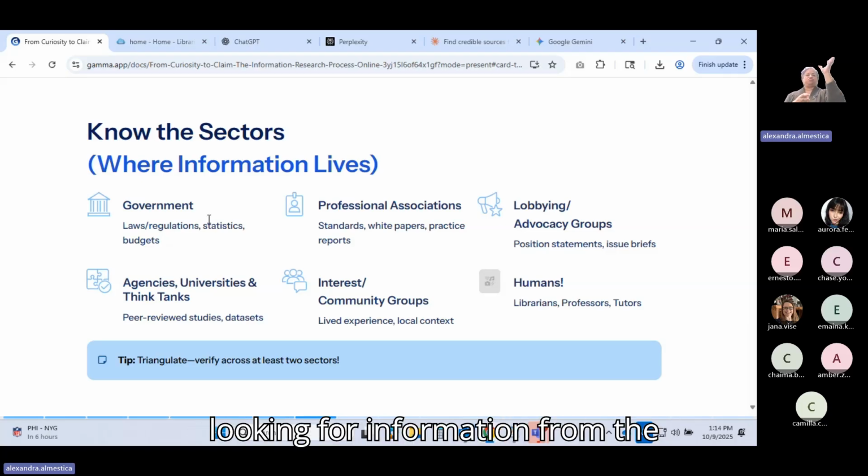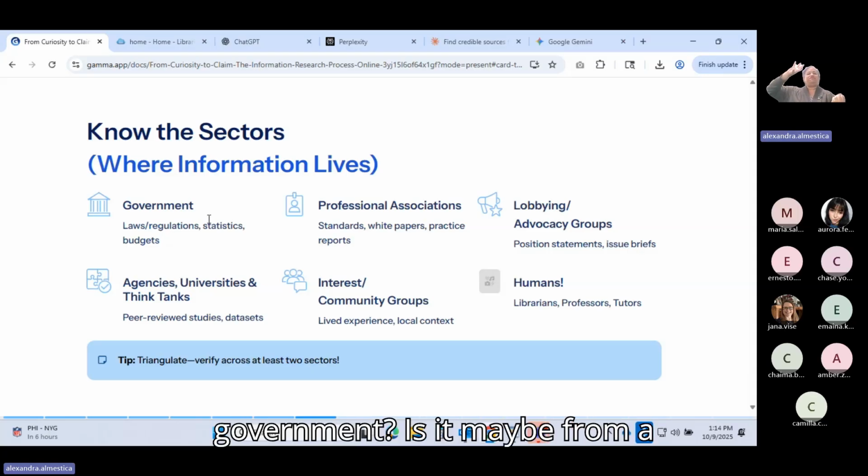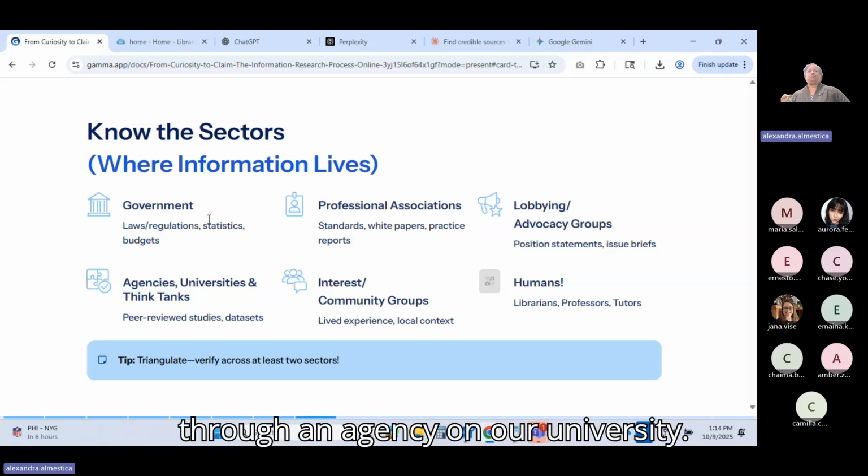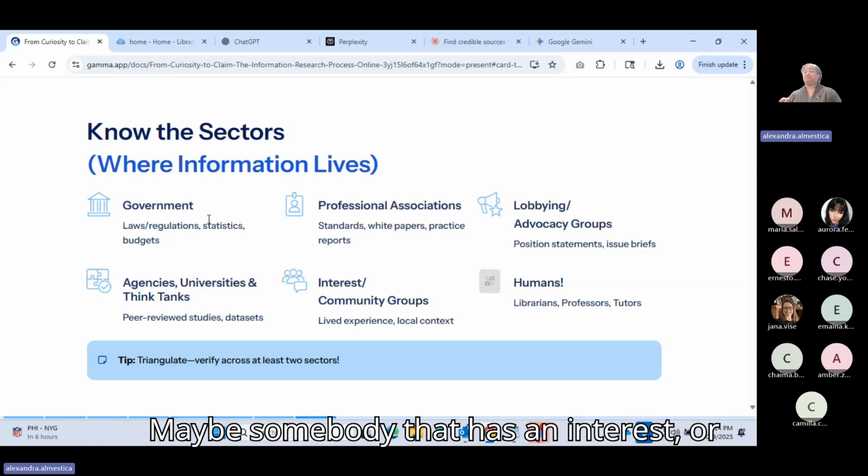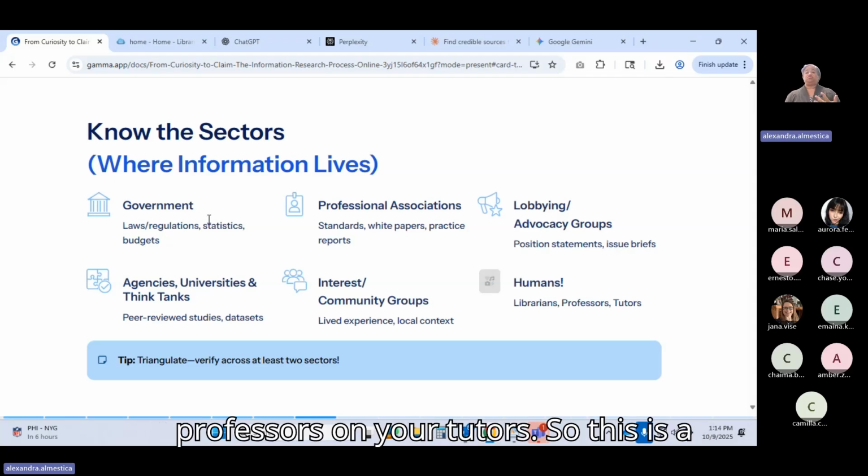Am I looking for information from the government? Is it maybe from a professional association? Is it a lobbying group? Am I looking through an agency or a university? Maybe somebody that has an interest, or maybe I can be working with librarians or professors or your tutors.